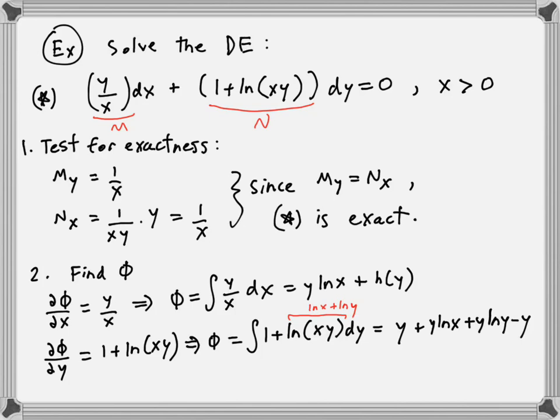Why is that? This is just a consequence of integration by parts. If you integrate ln y, you get y ln y minus y. So what do we get here? Well, the minus y and the y are gone, so we actually end up with y ln x plus y ln y.